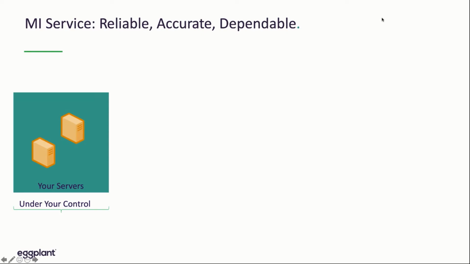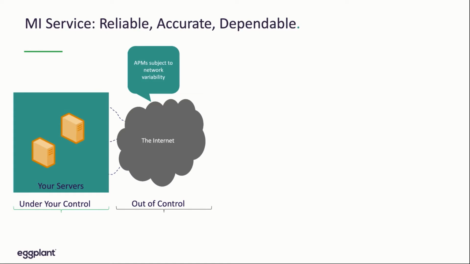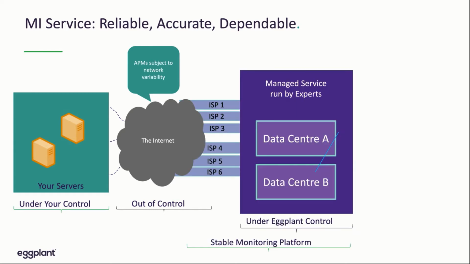So let's just look at the solution architecture in a bit of detail. Typically, your applications are hosted on servers that are under your control, which are connected to the internet, and this is where all the variability comes in. In our case, we make sure that our monitoring platform is engineered to a high specification.